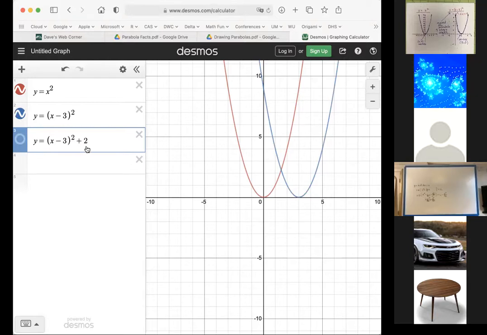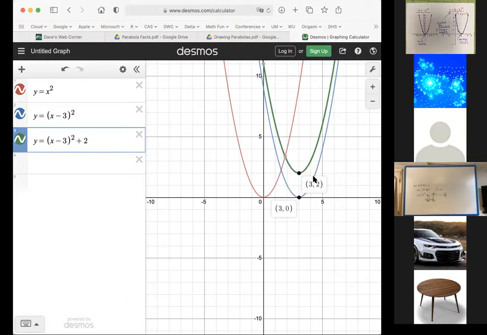What does the plus 2 do? The plus 2 just takes every one of those dots and raises them by 2. And if I raise every one of those dots by 2, 3, 0 now becomes 3, 2. And 4, 1 becomes 4, 3. And so on.